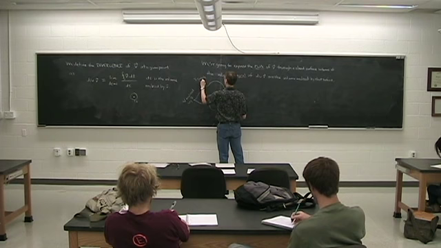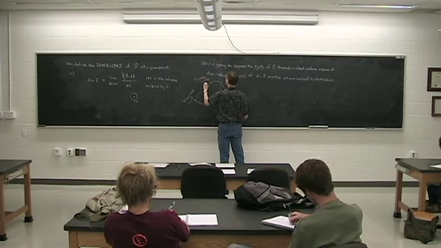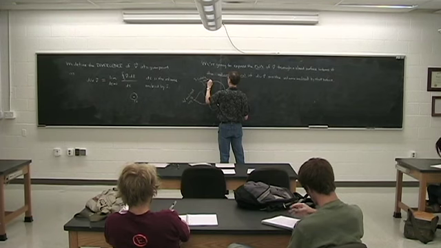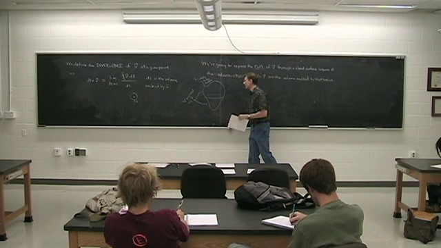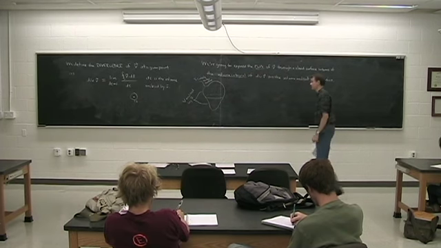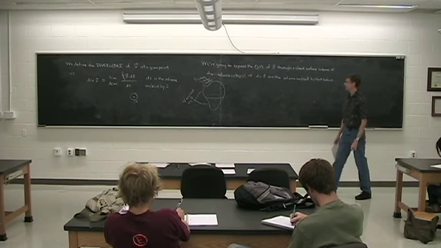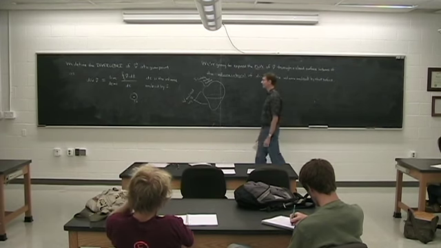So S is the whole outer surface I've drawn here. Not the inner surface that I've subdivided with, but S is the whole outer surface. V is the volume enclosed by S.